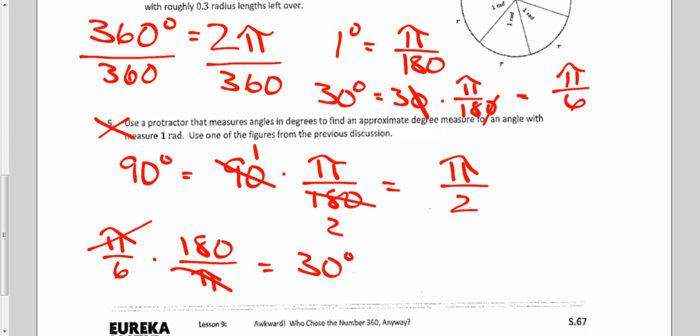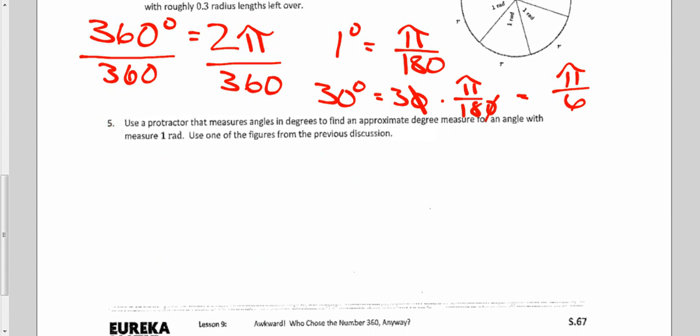Okay? Now, here's what I like to do to cut through all that. So, if I have a degree measure, let's pick a degree measure, 45 degrees. And I want to make it a radian measure, right?